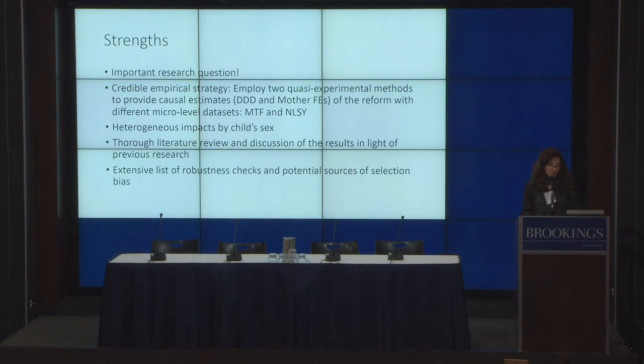Okay, so the paper is super strong from the causal inference perspective. It was very hard for me to find weaknesses or places to provide constructive comments. The paper is bulletproof in that sense. There's lots of robustness checks and analysis of potential sources of selection bias.